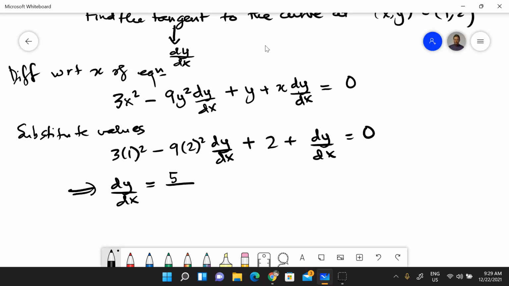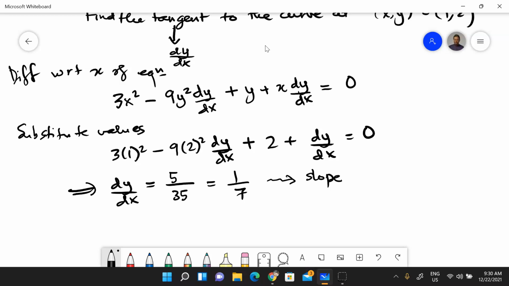It's minus 36 plus 1. Okay, so that gives 35. So that is 36, that is 1. So you take the difference between the two, so I get 35. And okay, this you can simplify to 1 over 7. And remember, this is just the slope.